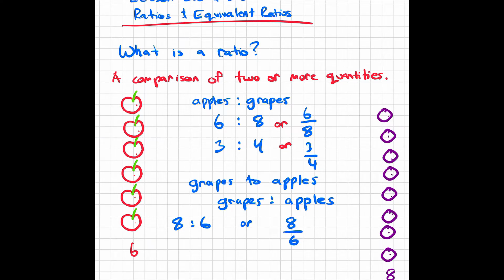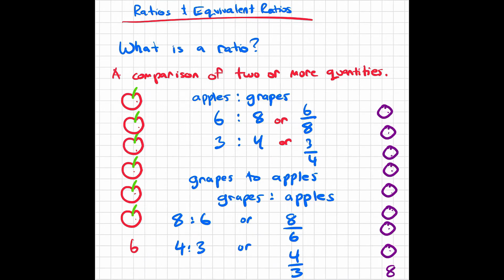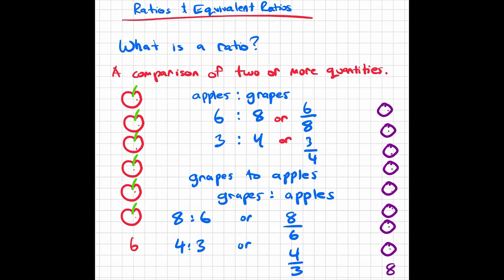And again, we're going to reduce that down because we can divide 2 into everything, and we're going to end up with 4 to 3, or 4 over 3. Okay, so really how this is set up right here is going to be very important in our setup down below.